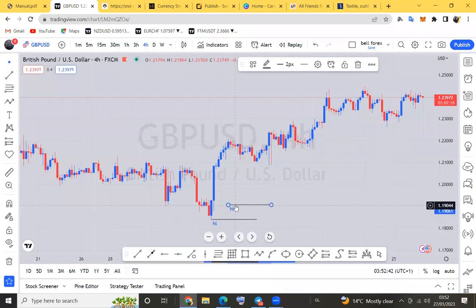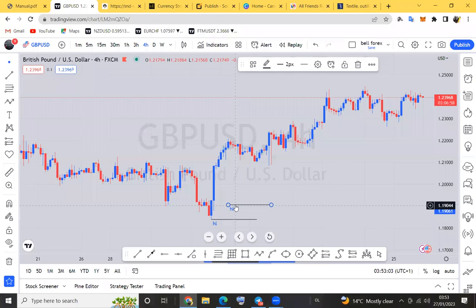The writing will just appear automatically. So on anything that you do for the first time, you save a template of it. If you draw a support zone, or if you draw an order block and you want it to be labeled OB, the first time you do it, you save the template.